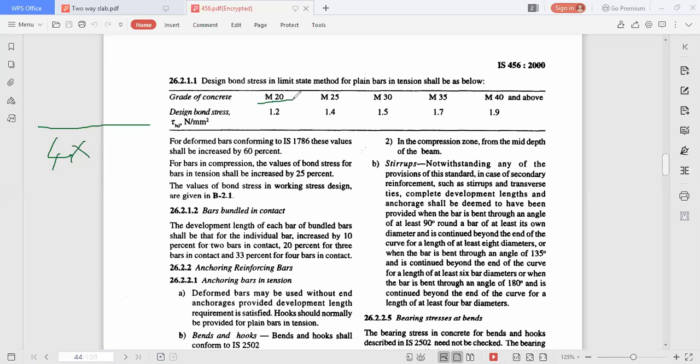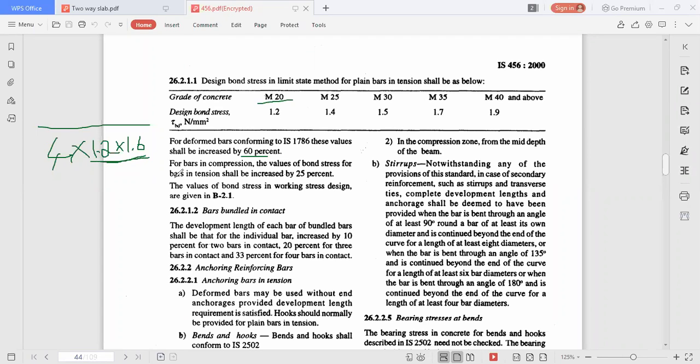For example, if you are using M20 grade concrete, tau BD value is 1.2. Okay, but as it is మనం ప్రాబ్లంలో చేసింది Fe 415 గ్రేడ్ స్టీల్ కదా, it's not Fe 250. అప్పుడు ఈ వాల్యూ డైరెక్ట్గా తీసుకోకూడదు. ఎంత ఇంక్రీజ్ చేయాలి? 1.6. That means 60% increase చేయాలి. Just multiply with 1.6. Now this is the value of tau BD for M20 grade concrete and HYSD bars. Okay, not 1.2, 1.2 multiplied by 1.6.